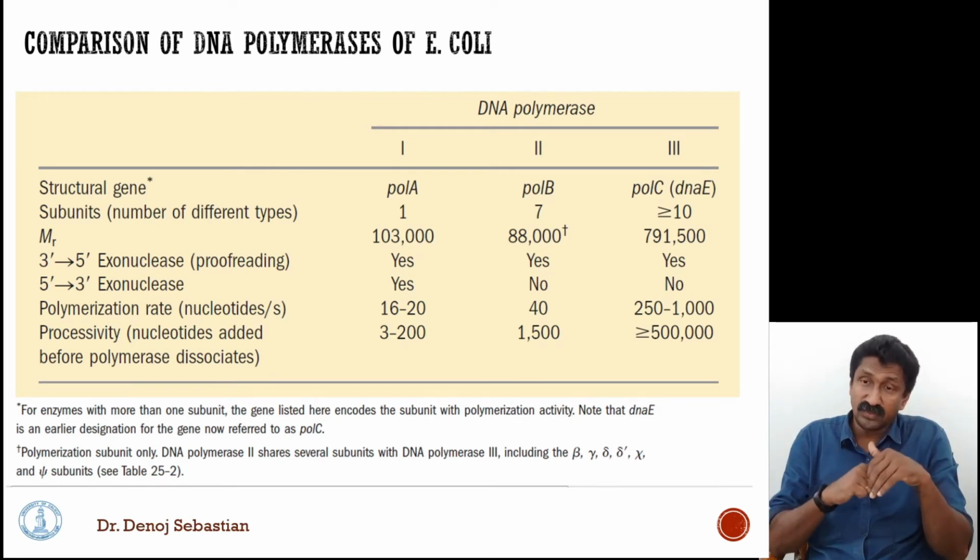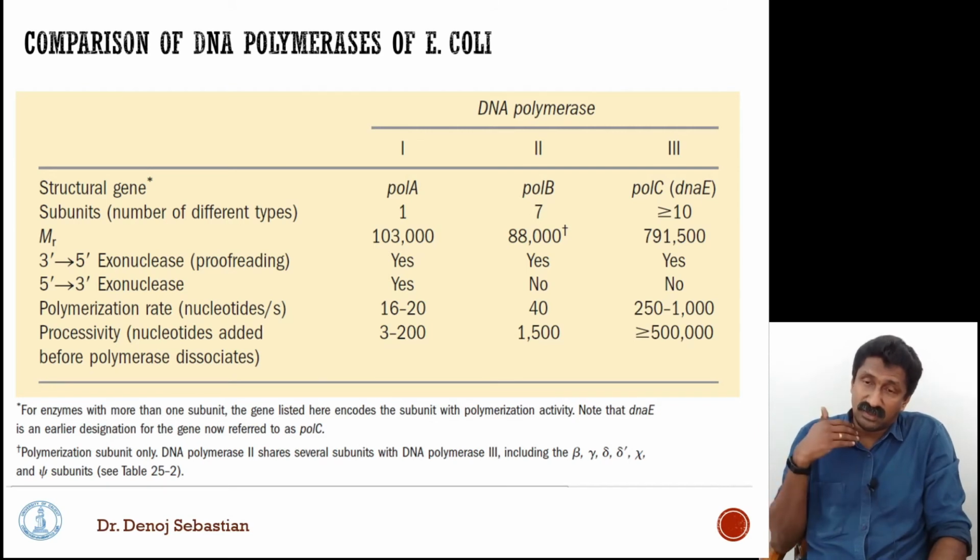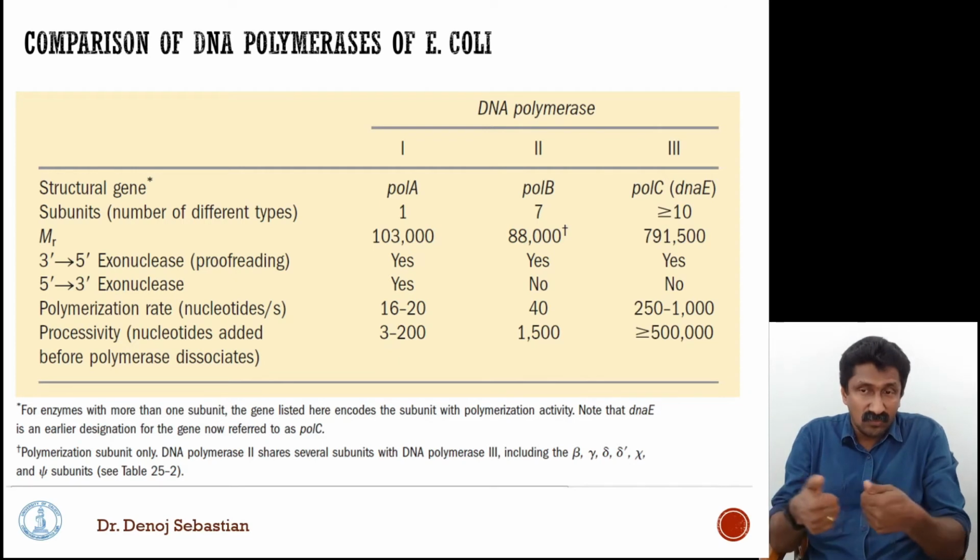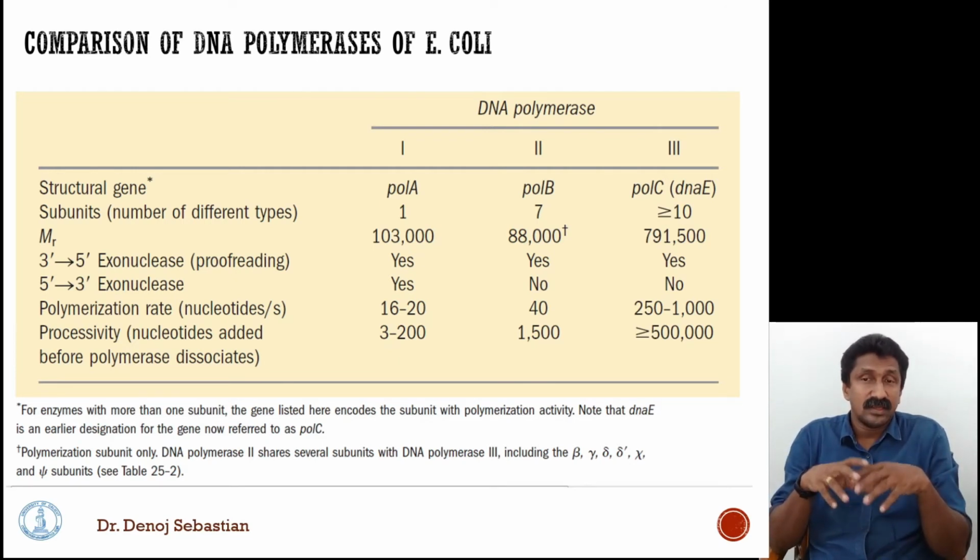Starting from one end of the chromosome, it should go on copying till the other end of the DNA. So processivity is the ability of the DNA polymerase to separate or unwind the strand and copy both the strands for a longer duration in terms of time and the length of the DNA molecule that is produced.